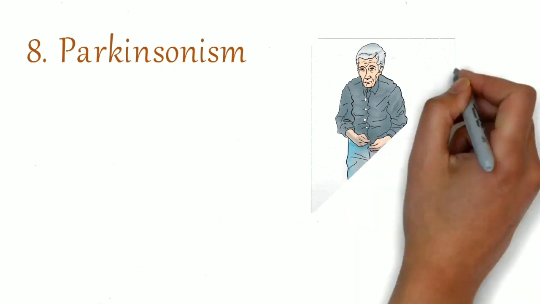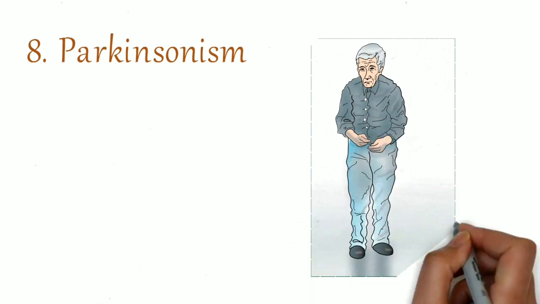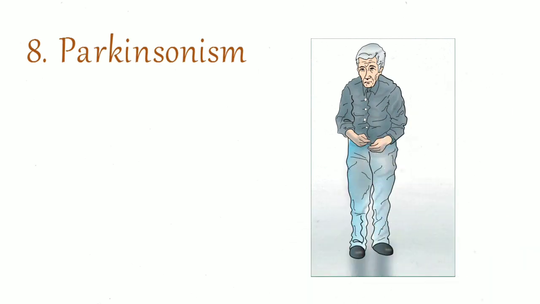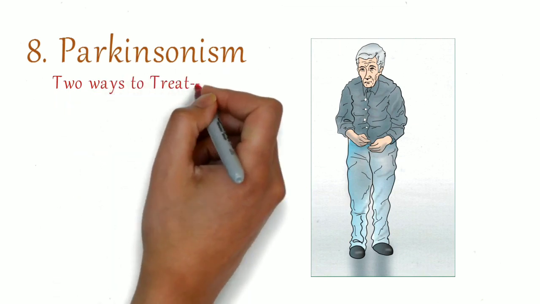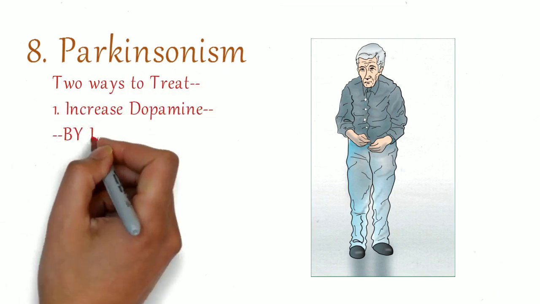So now we have two ways to treat this condition. We can increase the amount of dopamine or we can decrease the amount of acetylcholine for balancing.